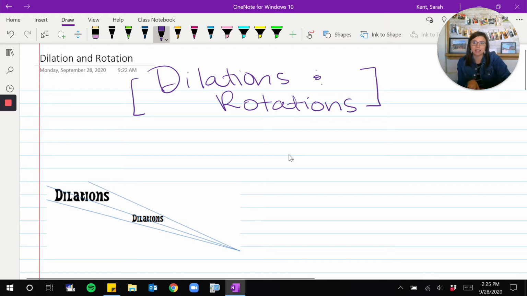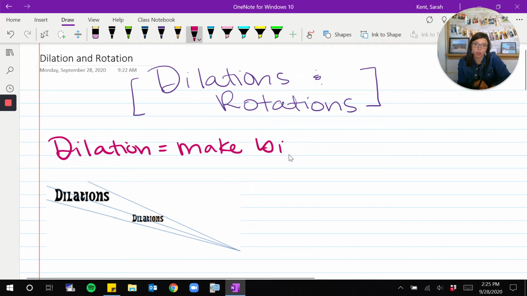So with a dilation today, a dilation is when we either make it bigger or smaller. The words that you will see for this: for bigger, this is an enlargement.